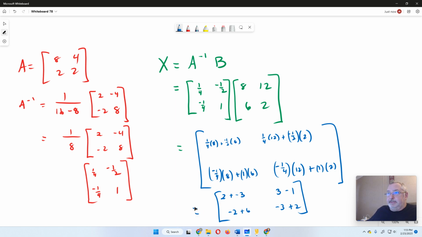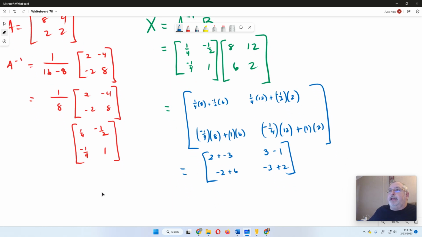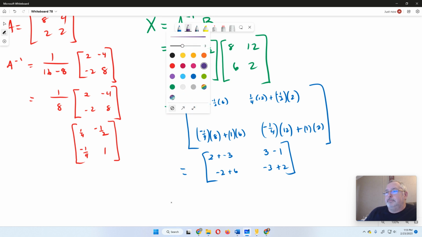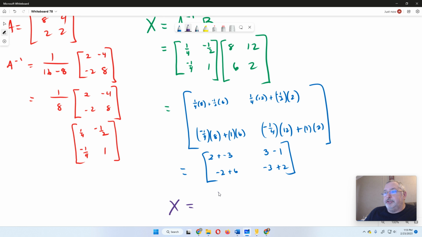And so finally, X is going to equal the 2 by 2 matrix, [-1, 2, 4, -1]. I was going to put a negative. It's not negative because 6 is bigger. So 4 and then -1. So that's the final answer, and that's the full process.